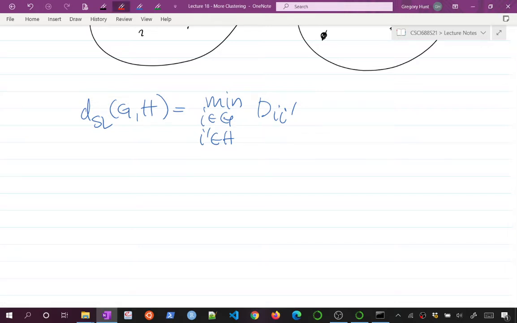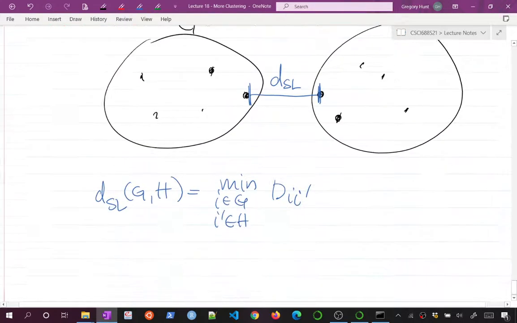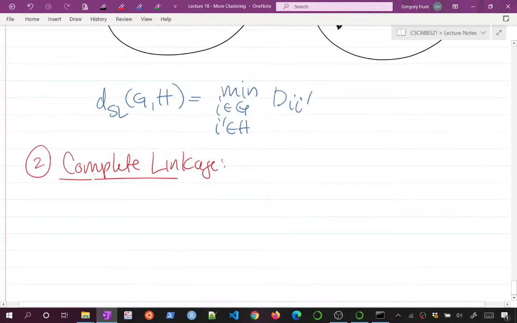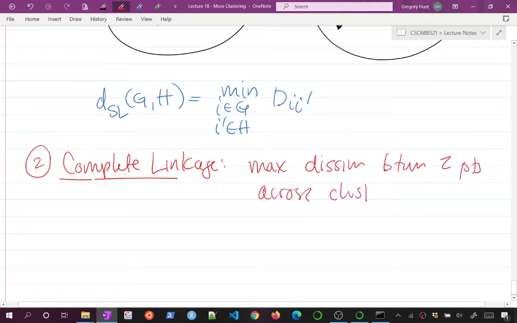The other popular ways of doing this are, what's the other one? Complete linkage. So the opposite of minimum would be maximum, and that is basically called complete linkage. I'll just really quickly summarize this by saying it's the max distance, or dissimilarity, between two points across clusters.